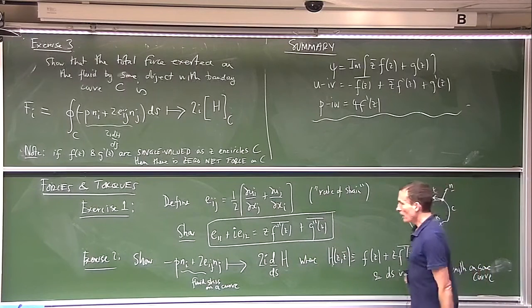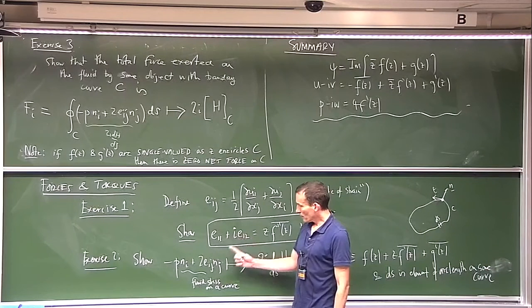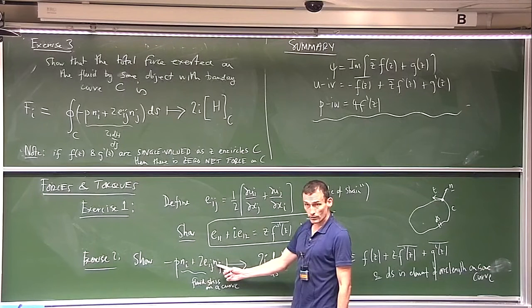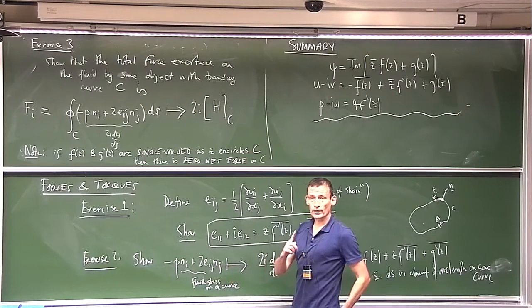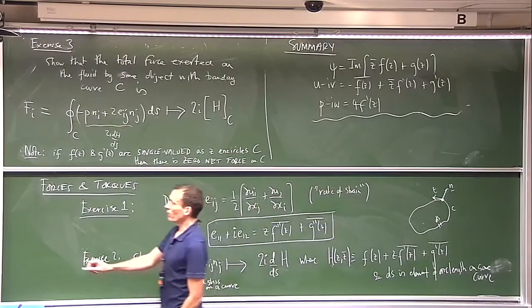You can then also show, now that you know what this is, you know the complex form of the normal on a curve. Let's just check you do know that. So look, here's a curve.